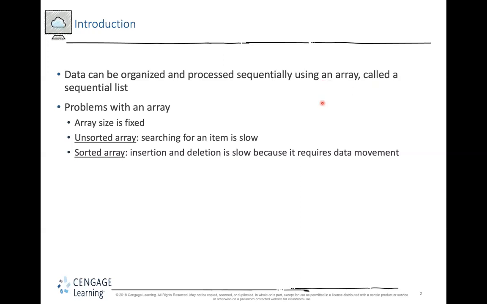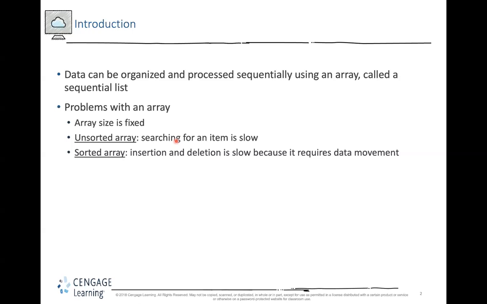Now, there's a problem with the fixed size of the array, right? Well, first of all, array size is fixed. And an array may not be sorted. So when it's not sorted, searching for an item can be slow. If it's sorted, then the insertion and deletion can be slow.